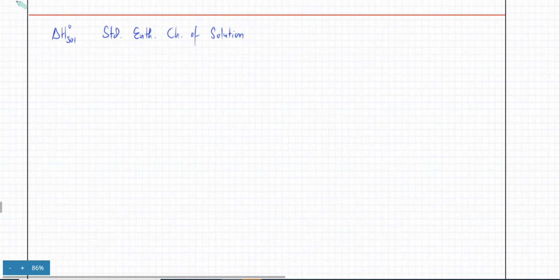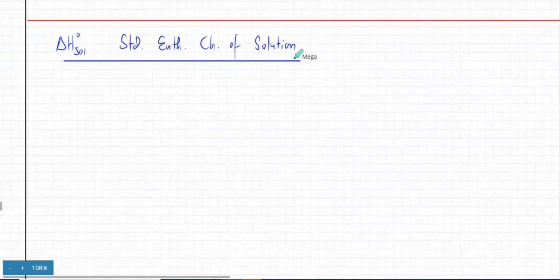So what happens in this? You studied this in AS as well. You simply dissolve a substance, any substance, as long as it mixes. Like 1 mole of NaCl solid dissolves in water and turns into NaCl aqueous.